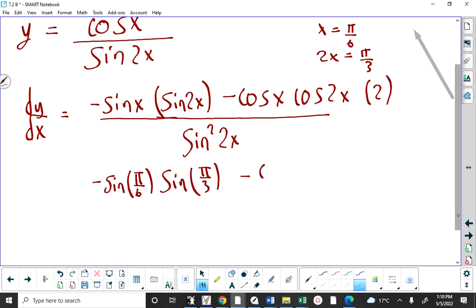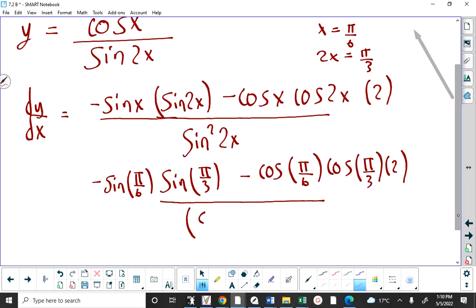And then minus cosine of x. And then cosine of pi over 3, because that's 2x times 2 over sine of pi over 3, because it's 2x quantity squared.